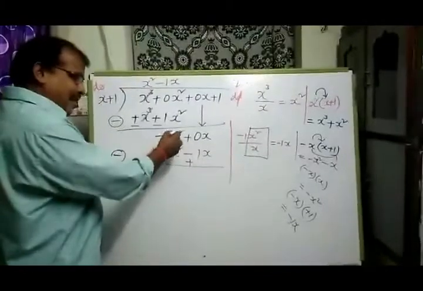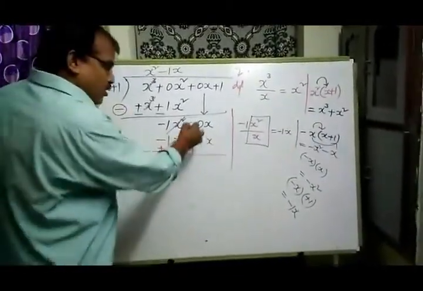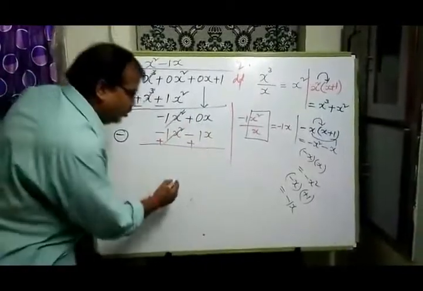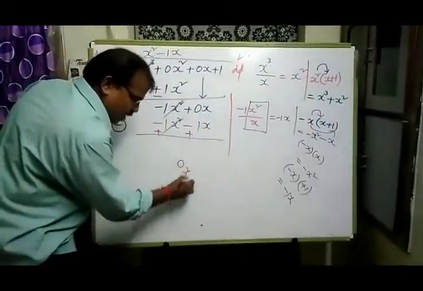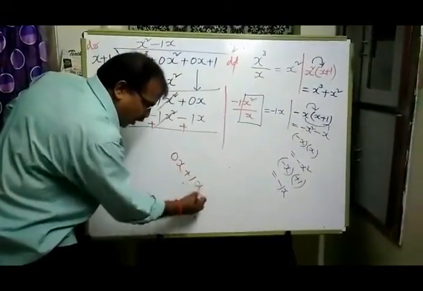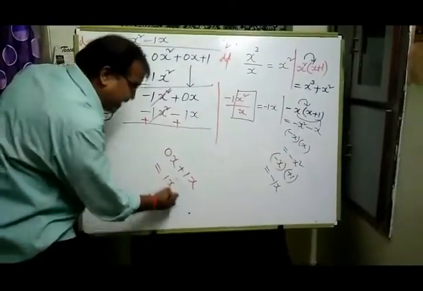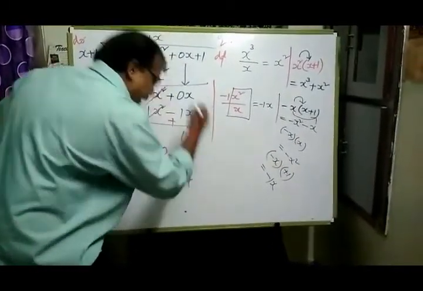Now, cancellation. Why? Because minus 1x square plus 1x square is 0. Now 0x plus 1x, 0 plus 1 is equal to 1. So here 1x, this is nothing but 1x or x.